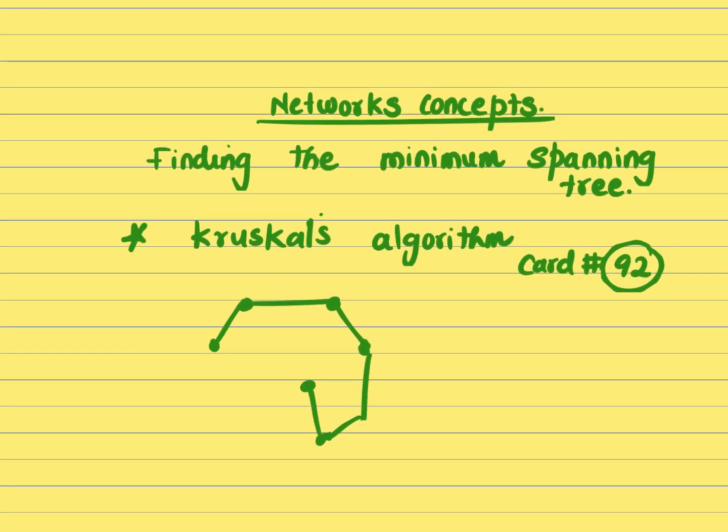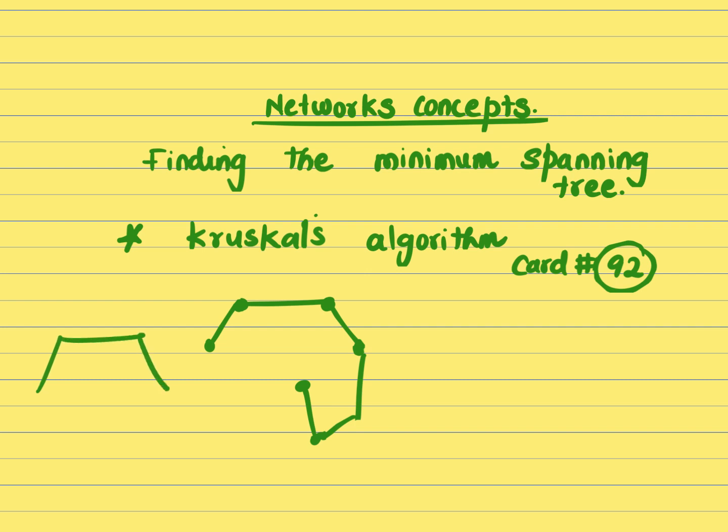Like for example, you may have this kind of a network, but technically you just have to connect all, let's say these are all your houses and you have to run a power cable. You don't want to waste where it is not needed. As long as all the houses have the electric cable running, that's enough for you.